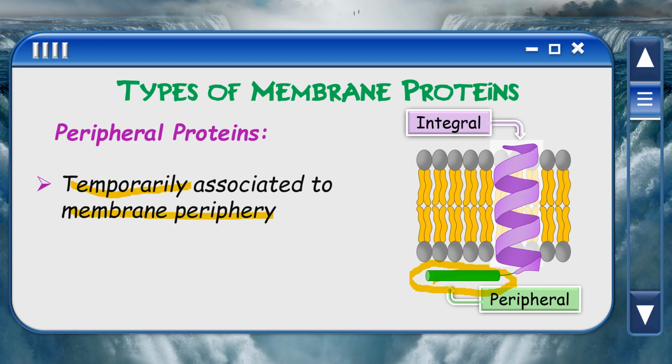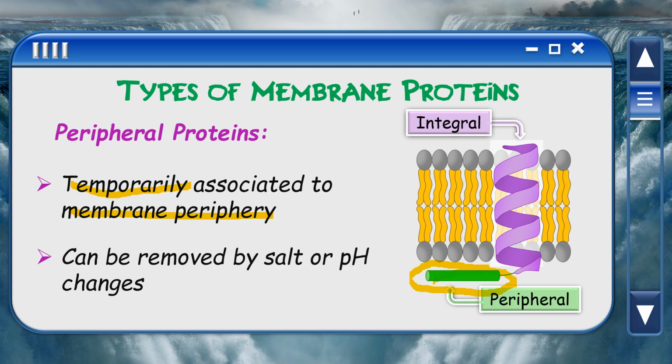They are outside of the membrane. They are not inside the membrane like the integral proteins. They can be removed by salts or pH changes. Because they are not associated with the membrane directly, they can easily be removed by salt and pH changes.